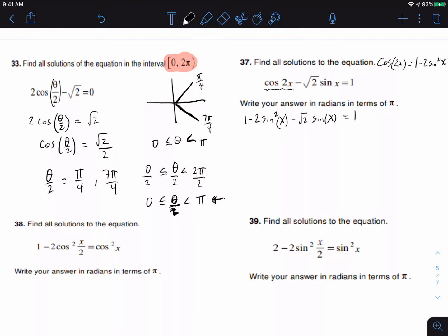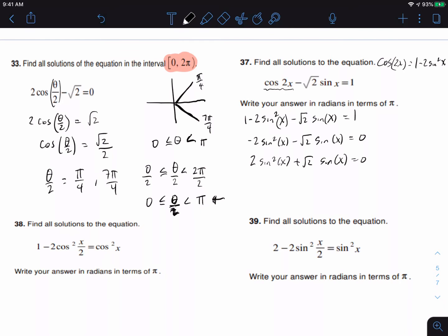Now moving the 1 over, don't I get negative 2 sine squared of x minus radical 2 sine of x is equal to 0? And then multiplying both sides by negative 1, don't I get 2 sine squared of x plus radical 2 sine of x is equal to 0?